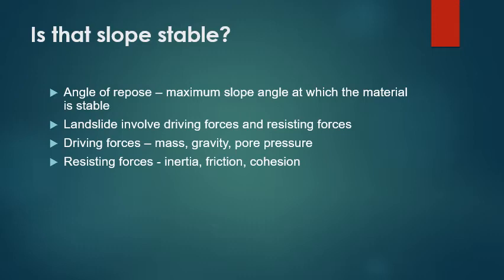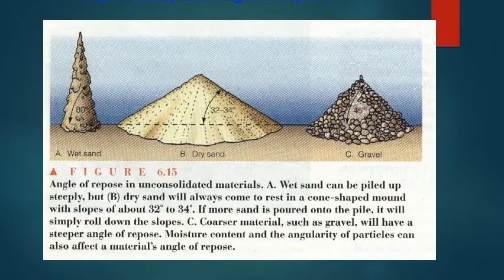Driving forces are those that tend to induce downslope movement, while resisting forces are those that tend to keep the material intact on the slope, which include inertia, friction, and diffusion. Water has an important role in slope stability.